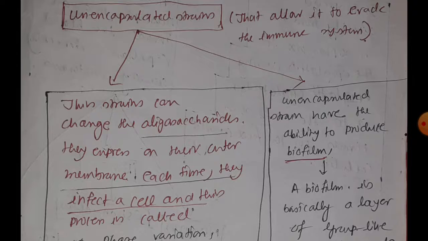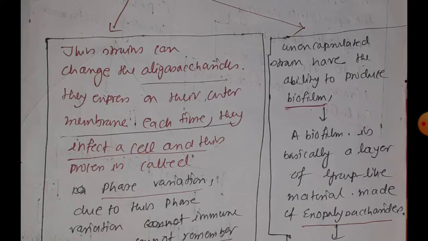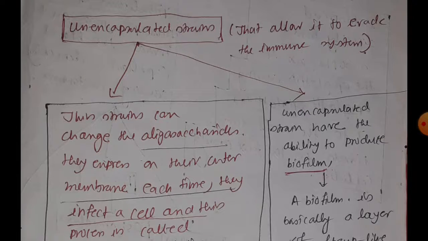Now it is important to understand what phase variation is. Remember that there is an oligosaccharide present in the outer membrane. In the case of unencapsulated strains, that oligosaccharide can change its makeup each time it is infecting a cell. As a result, it becomes very hard for the immune system to detect and remember the infecting strain.